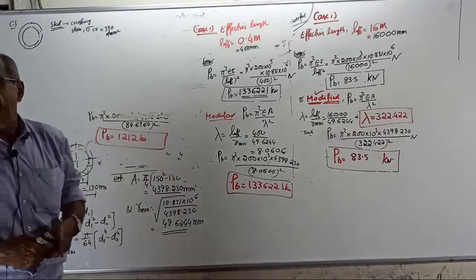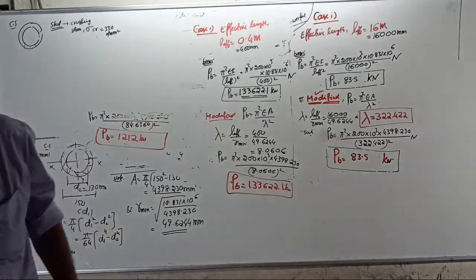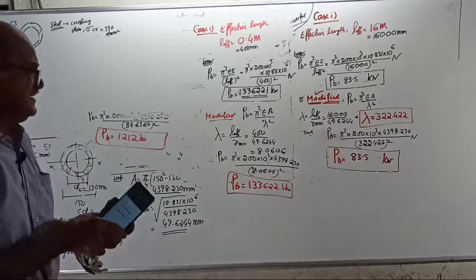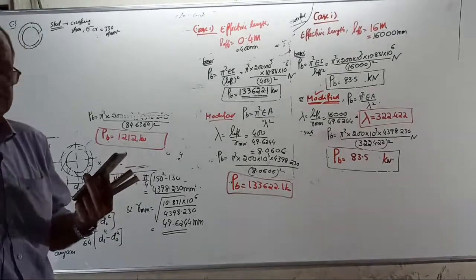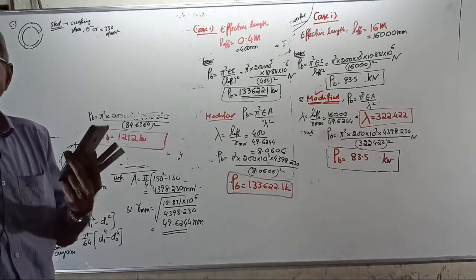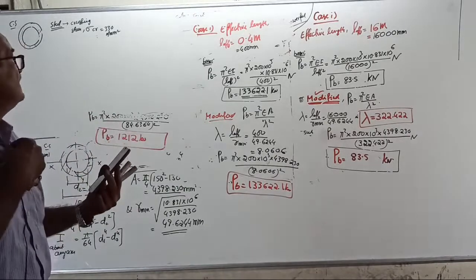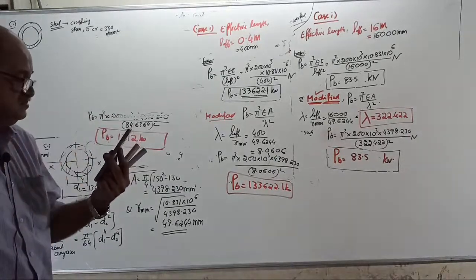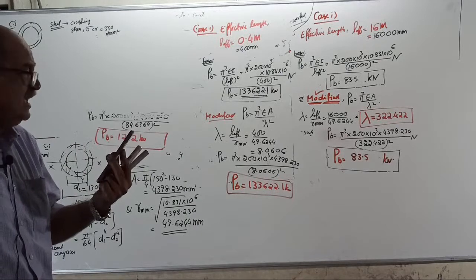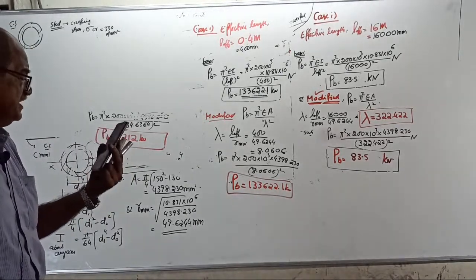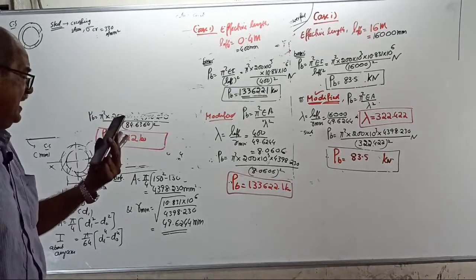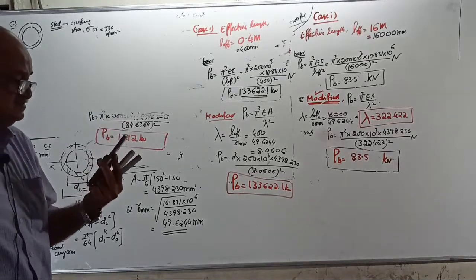This data, did you use so far? This crushing stress data, did you use so far? This is the important concept now. The concept will start now. Time getting over. First tell me, did you use this data, 330 Newton per mm square, so far?